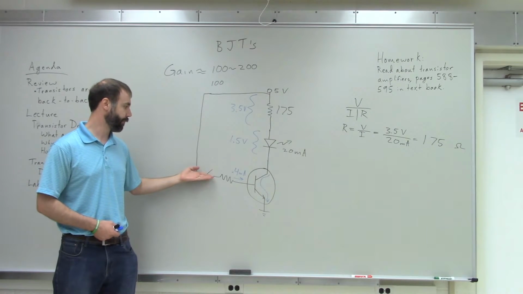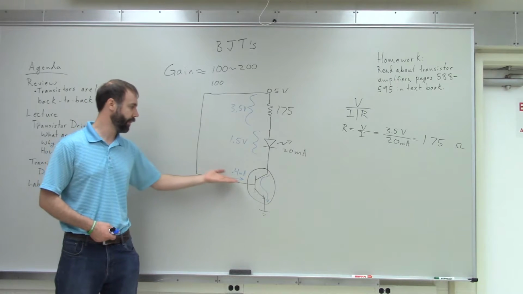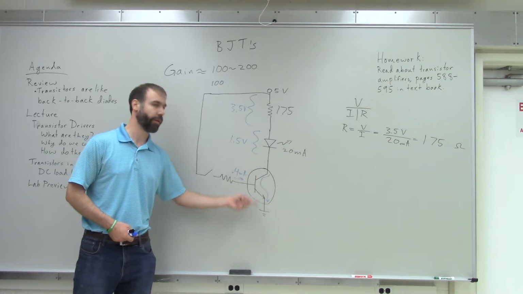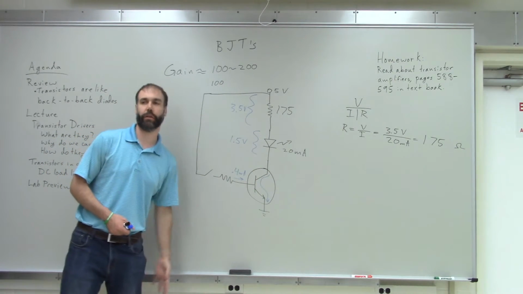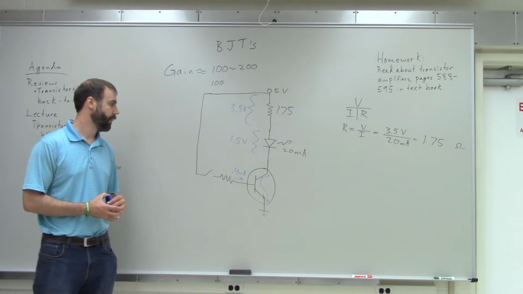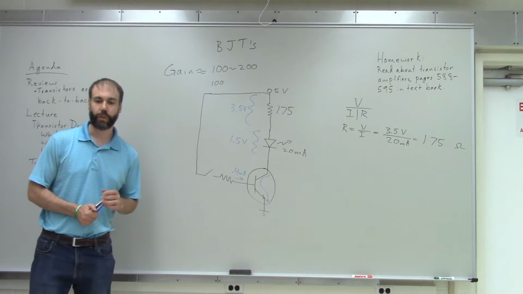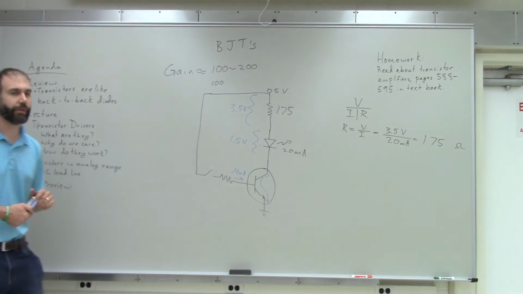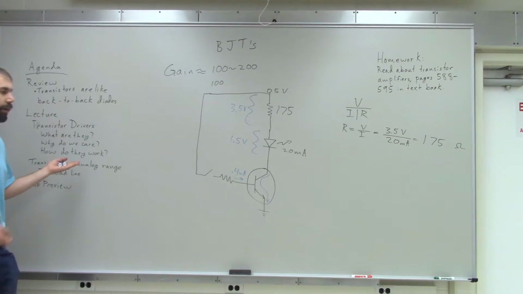The square wave causes the transistor to turn on and off, which then turns your light on and off. Okay. Cool. So that's transistor driver circuits. Those again are transistors that act like on-off switches.